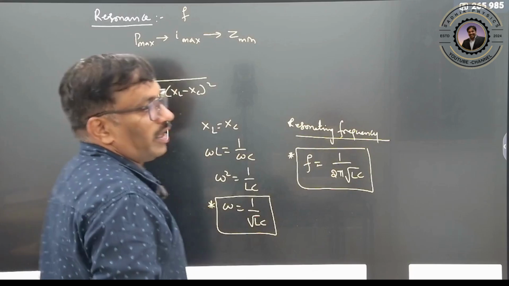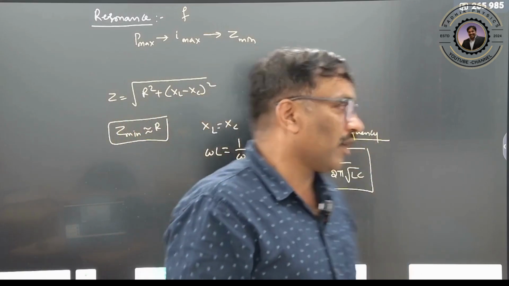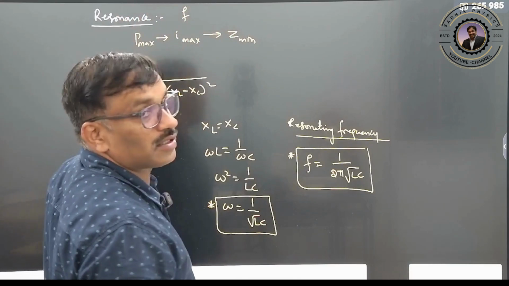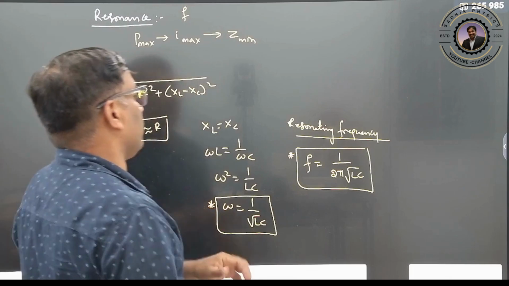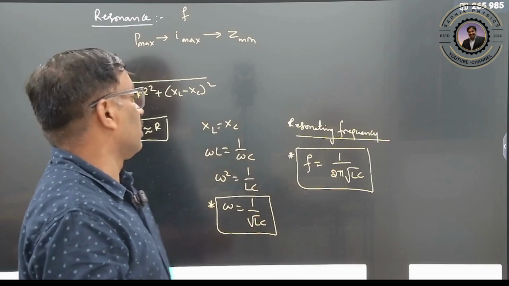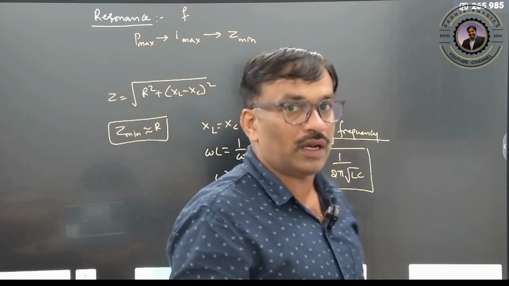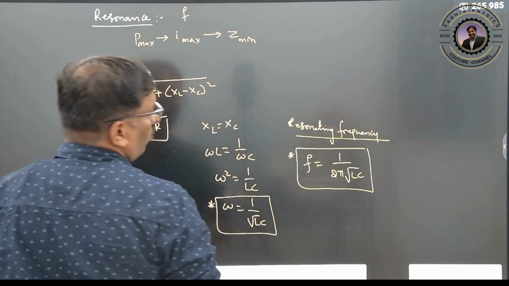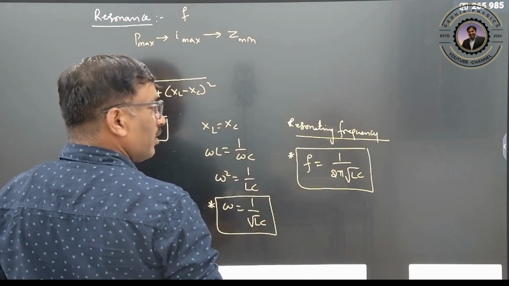This is your resonating frequency. At this frequency, the power will be maximum, or the current will be maximum, or the impedance will be minimum, or the reactance of the inductor and the reactance of the capacitor are both equal. Clear? So f is equal to 1 by 2 pi into square root of LC.